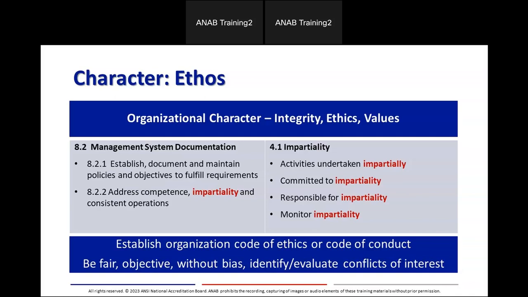In addition, any organization's mission that they set forward and their vision that they set forward as well usually encompasses the ethos of that organization and defines and describes why we are here and gives purpose for what that organization is doing. So every organization should establish their organizational integrity, their ethics, through some kind of code of conduct, code of ethics, whatever you want to call it, principles of professional practice.